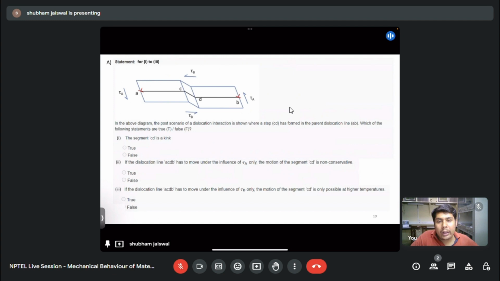They have given one diagram and they have asked, in the above diagram, the post scenario of dislocation interaction is shown, where a step CD has formed in a parent dislocation line AB. Which of the following statements are true or false regarding the dislocation? The first statement is that the segment CD is a kink.